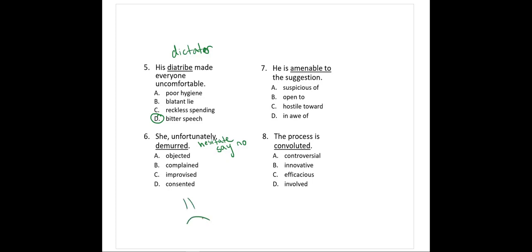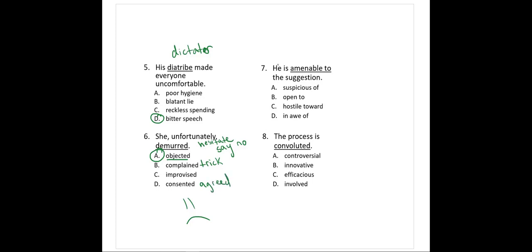And then I'm sad. So that's what demurred means here. The best answer is going to be objected. Complained is not bad. I put this in here as a trick. It's not a bad answer, but it doesn't as closely capture the meaning as objected. Improvised means to act without a plan, and consented is the opposite. It, of course, means agreed.